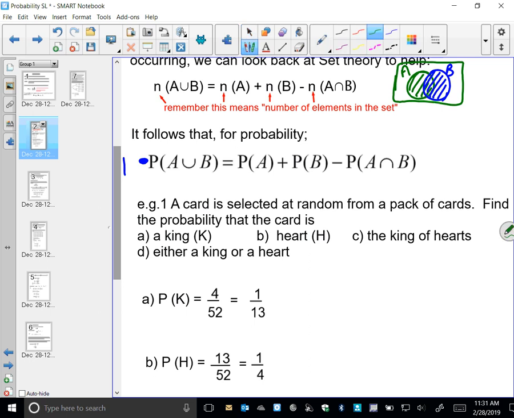In a pack of cards, how many cards are there? 52. Okay. What comprises this pack of cards? You have four suits, black and red. So we've got 4 suits, what are they? Spades, clubs, diamonds, and hearts. What's special about these things?